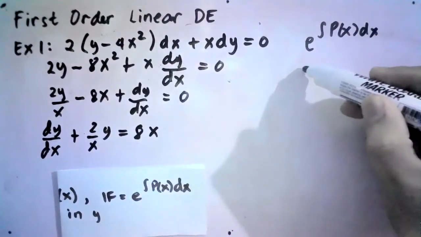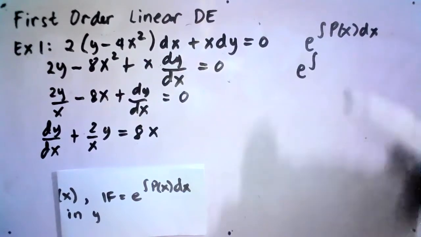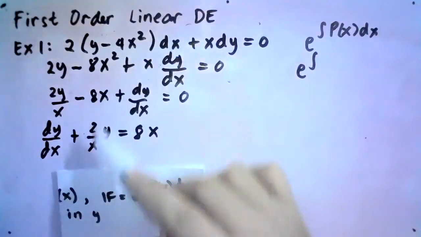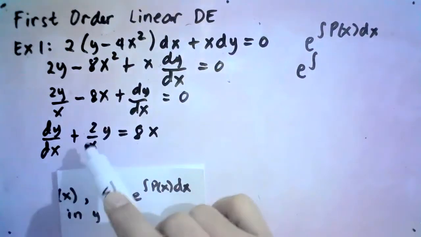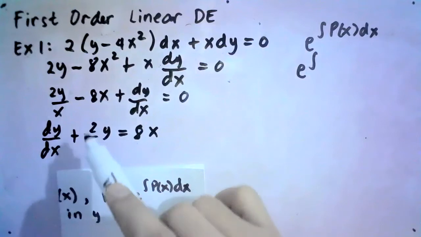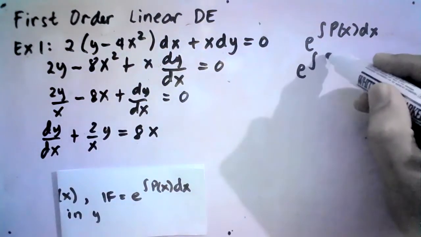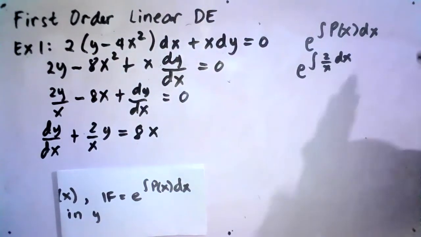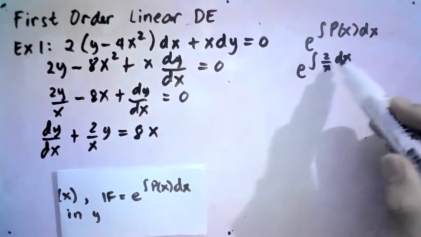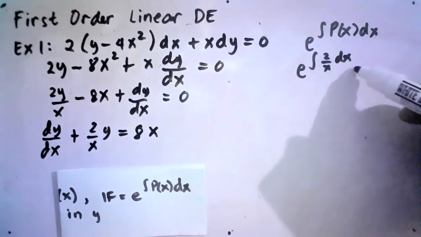For this case, 2 over x is our p of x. So we have 2 over x dx, the integral of 2 over x dx is equivalent to 2 ln x.